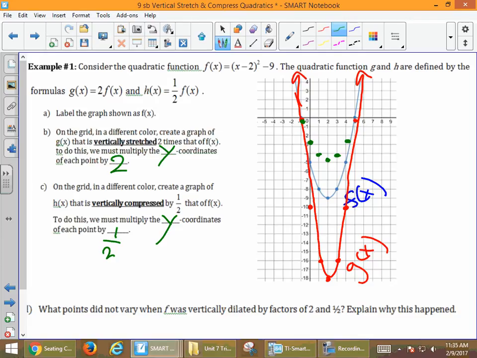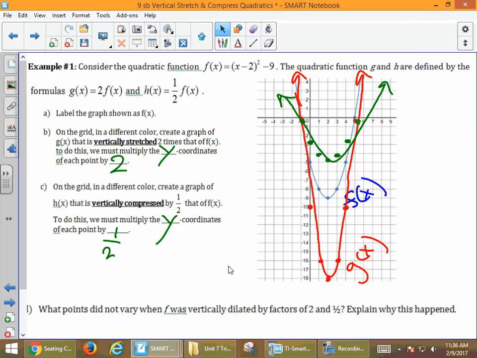It's still going to be 5, 0 because the y is still 0. So we have our new vertically compressed points, and we can create our graph. This is what our graph should look like.